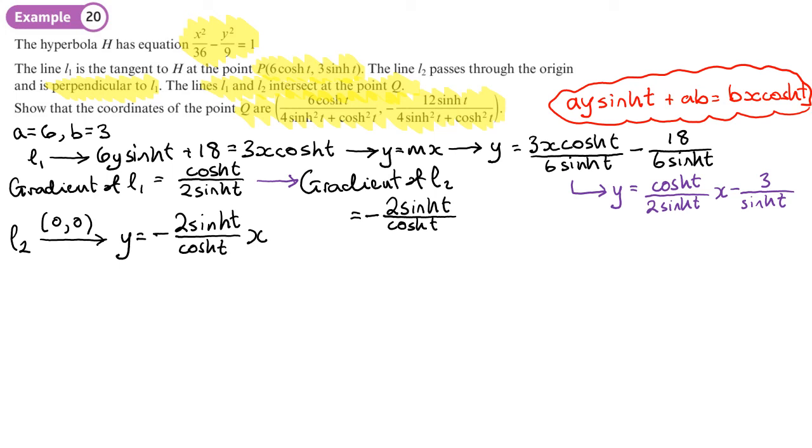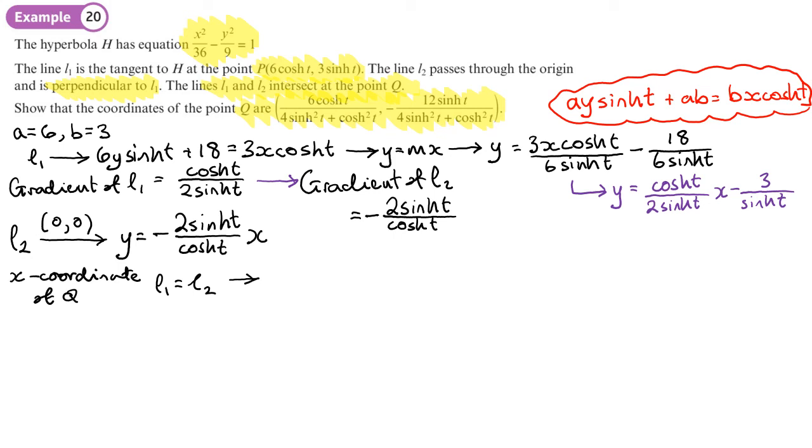Now since L1 and L2 intersect, we can put them together to find Q. The x coordinate of Q we'll find first, by making L1 equal to L2.